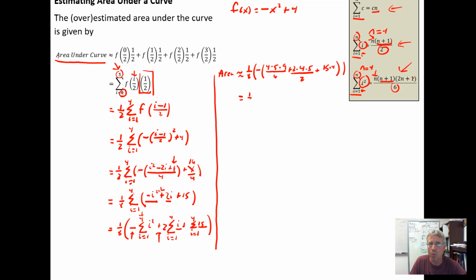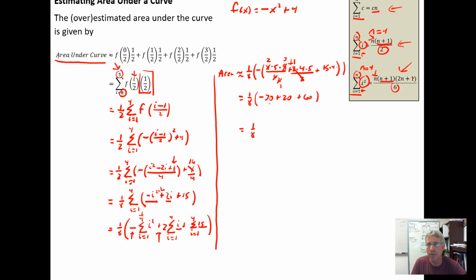So this is going to equal 1/8. And here I see 3 goes into 9 3 times, and 3 goes into 6 twice, and 2 goes into 2 once, and 2 goes into 4 twice. So I get 1/8 times the opposite of 2 times 5 is 10 times 3 is 30, plus 2 divided by 2 is 1, so we get 1 times 20 is 20, plus 15 times 4 is 60.